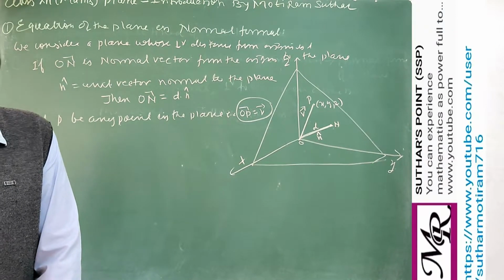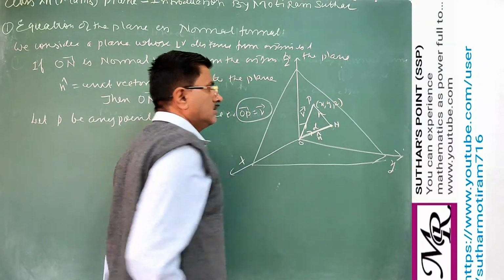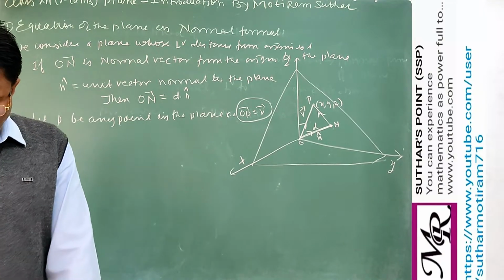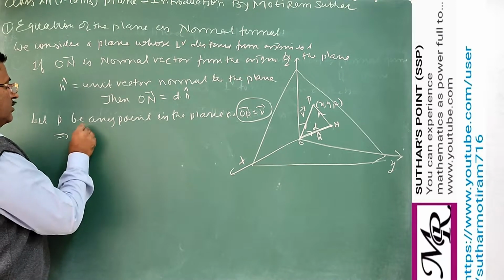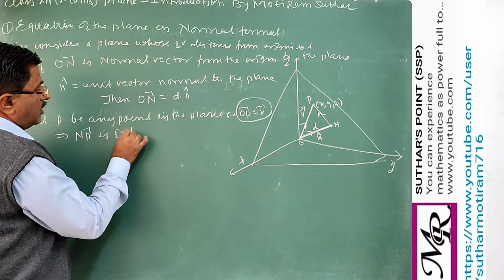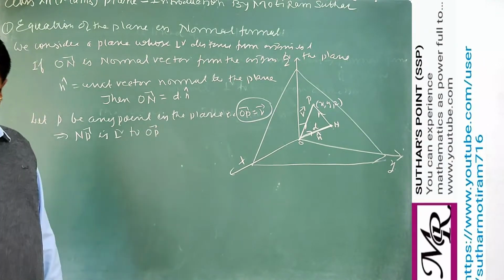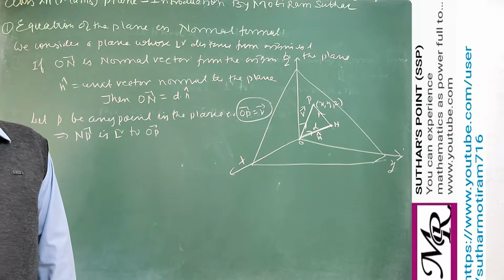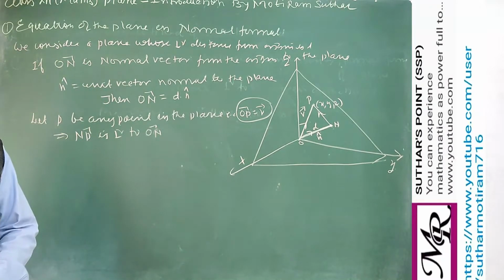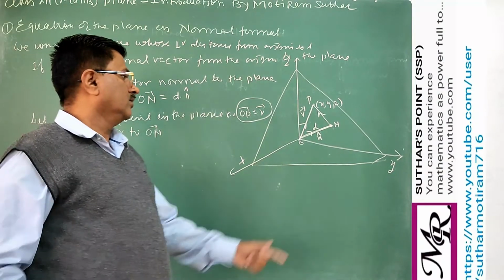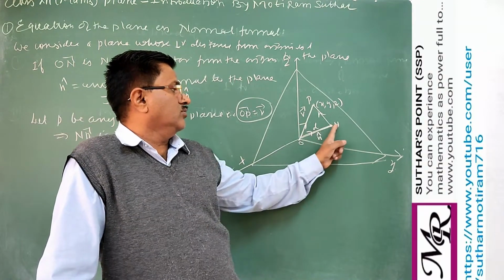Now see, if you join these points, we can say vector NP is perpendicular to vector ON.